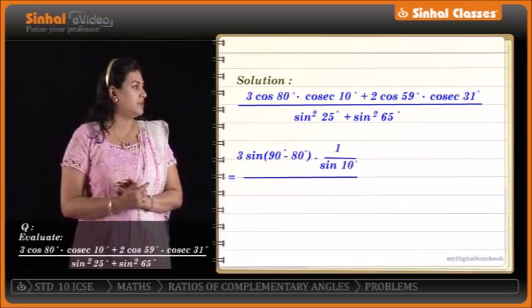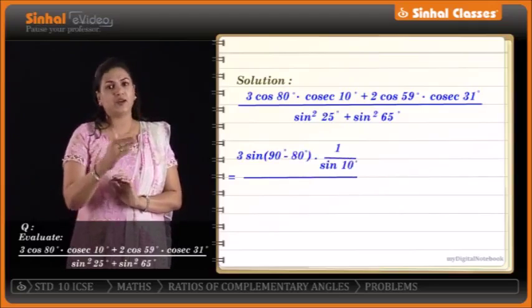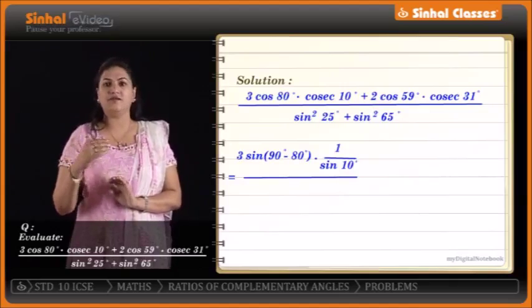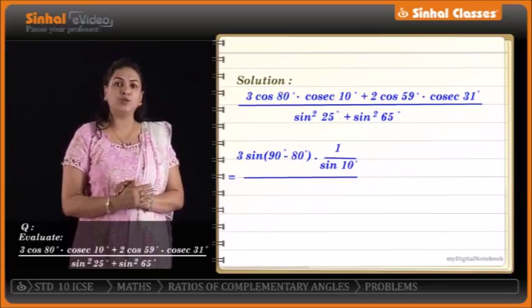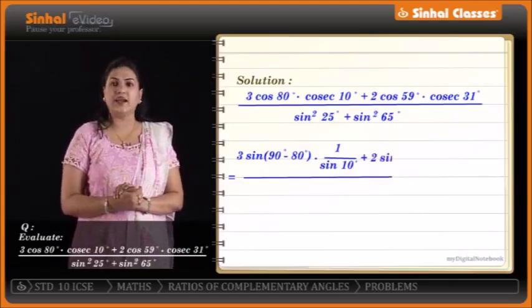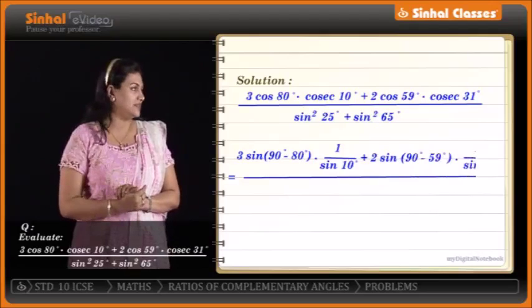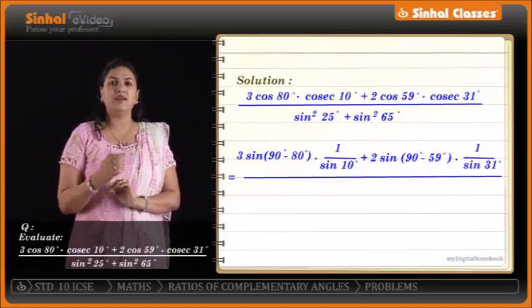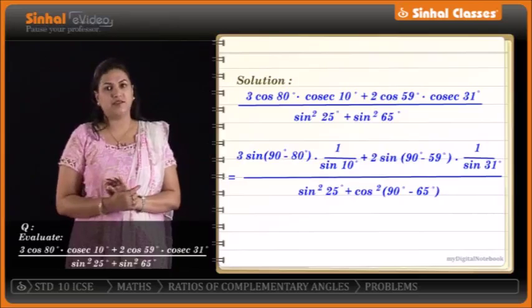The second term will be cos and cosec. So we write cos in terms of sine and cosec in terms of 1 upon sine. So the second term is 2 sine 90 minus 59 into 1 upon sine 31. Now in the denominator we have sine square 25 plus sine square 65.